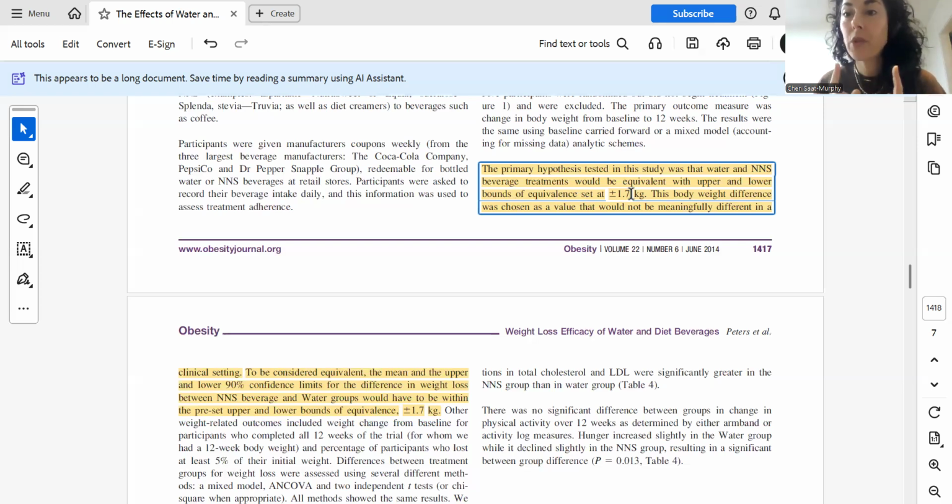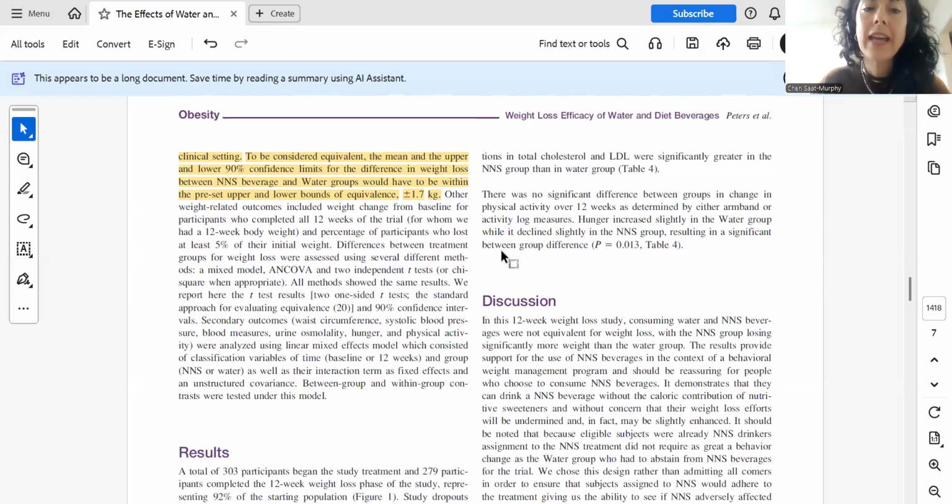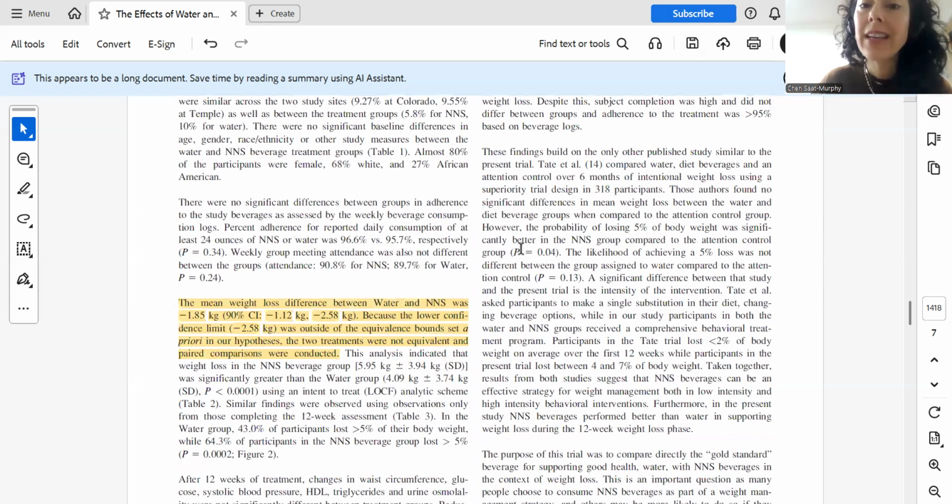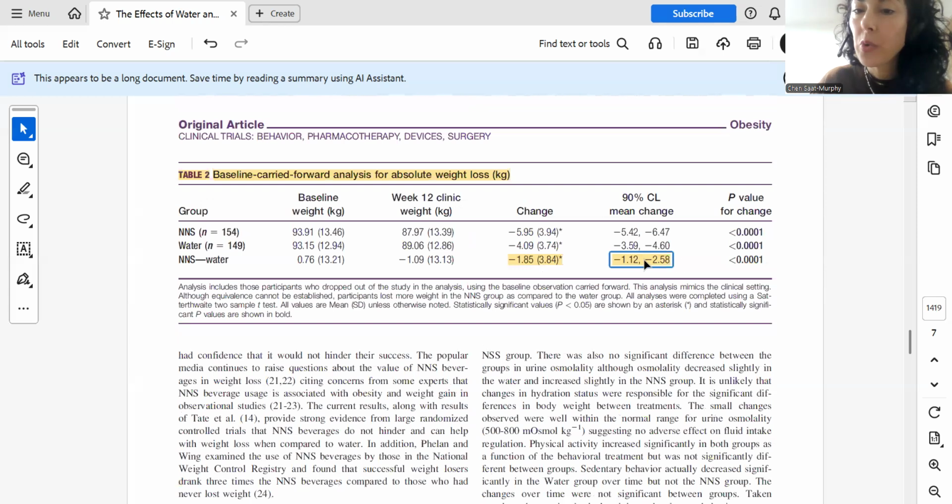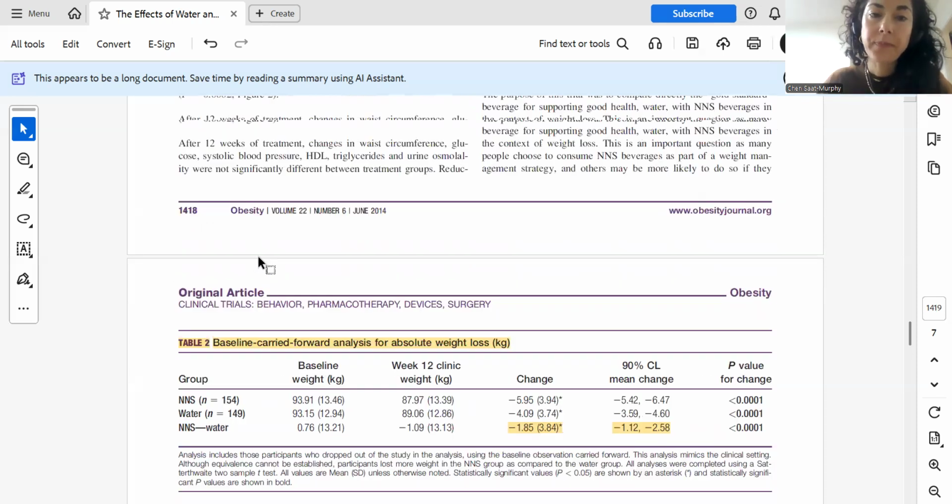But if the results of the study show a wider range of results, then there's a difference. And as you can see down here, indeed the results were more than 1.7. It reached up to 2.58, which means that the hypothesis is going to be rejected and that the non-nutritive sweeteners had actually a significantly greater effect on weight loss compared to the water.